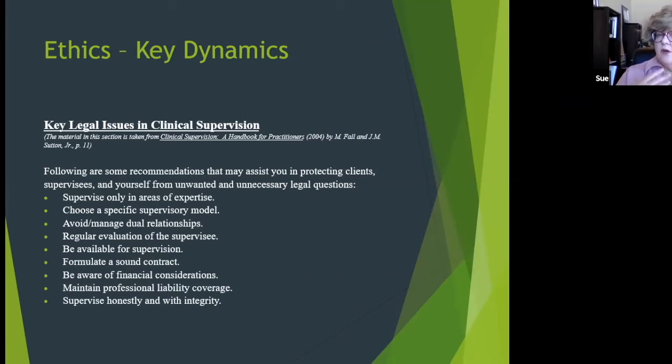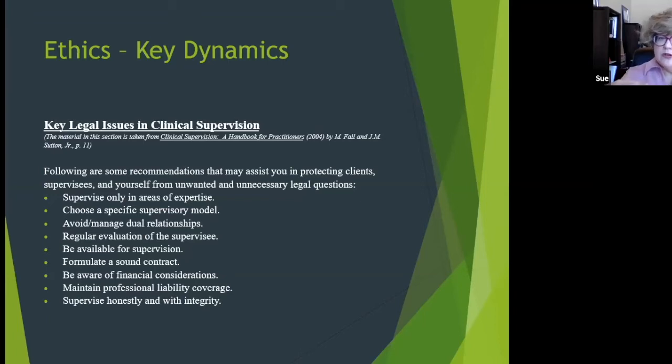If you're wearing your boss hat, that may be harder for them to share the things they really need to work on. Because of that, there may be information you're missing as a clinical supervisor to help them, not only in their professional development, but also with any ethical issues that may be going on that you're not aware of because they're not comfortable sharing that.